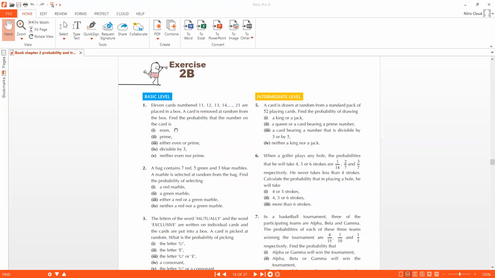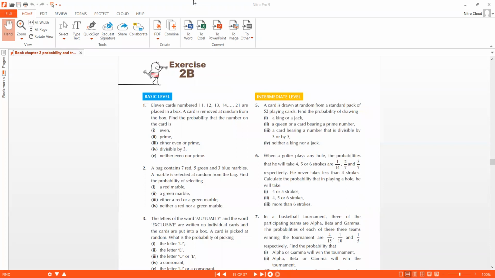What is the probability of having a prime number? Wait, I don't get it. It says 11 cards numbered 11 to 21, but if you count up to 21, there's only 10.